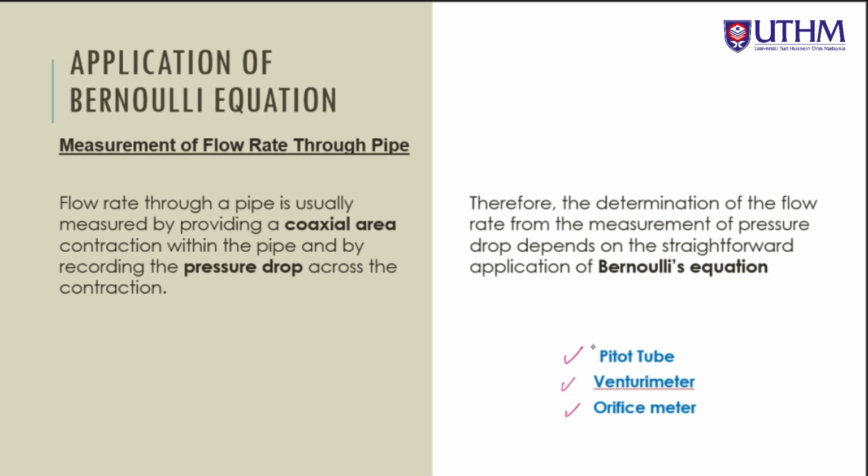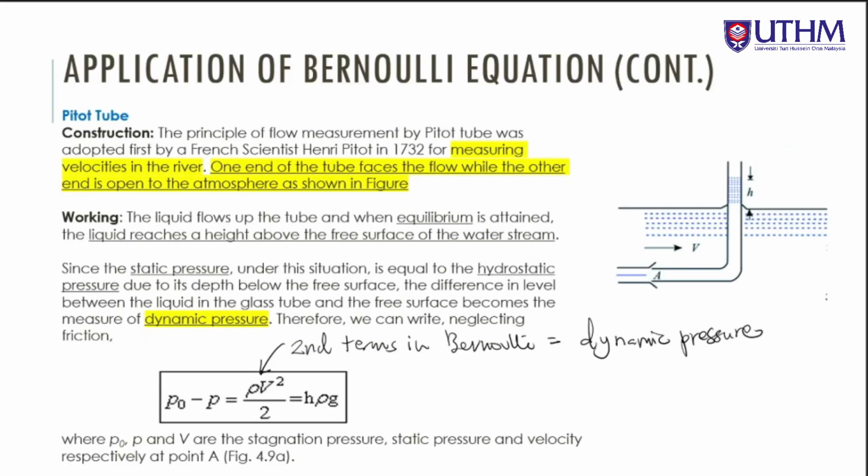So actually the determination of flow rate Q from the measurement of pressure drop depends straightforward kepada this Bernoulli equation. So macam kita nampak this Bernoulli equations is very much important untuk kita calculate all those flow rates, velocity and also pressure drop.